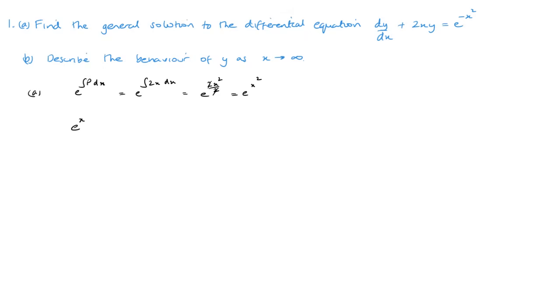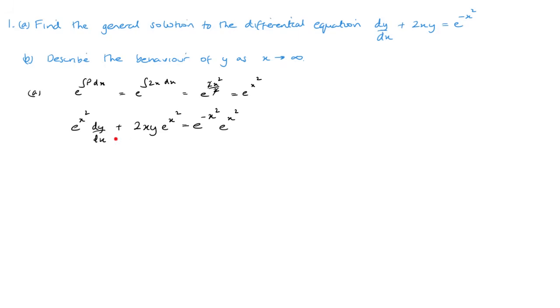So e to the x squared dy by dx plus 2x y e to the x squared equals e to the minus x squared times e to the x squared.